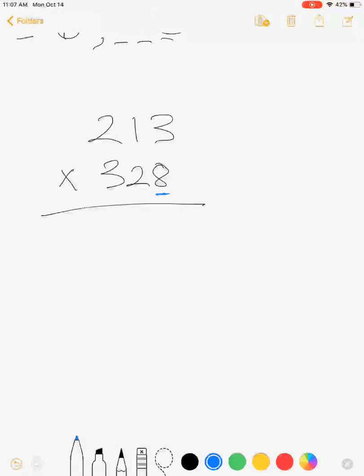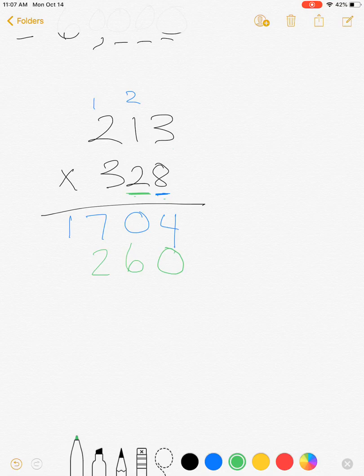So 8 times 3, 8 times 1 plus 2, 8 times 2 plus 1. Now we are moving on to the tens place. So I need to drop 1 zero because it's 213 times 20. So 2 times 3, 2 times 1, 2 times 2.